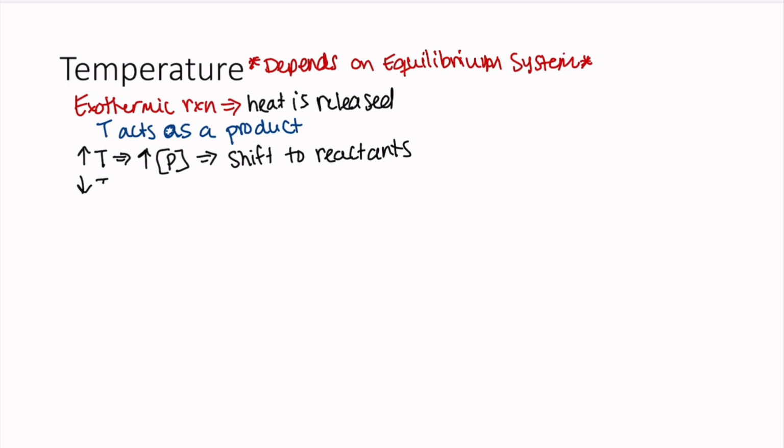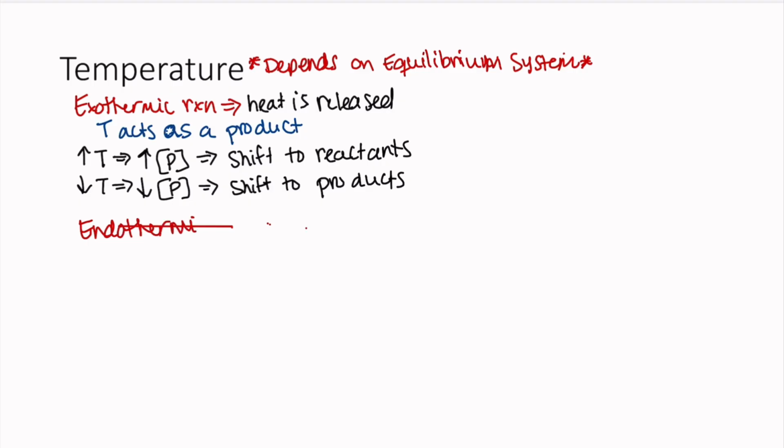Now, if we decrease our temperature, it is essentially like we are decreasing the concentration of our products, and we'll see a shift to our products. If our equilibrium system is an endothermic reaction, then in this case, heat is being absorbed.